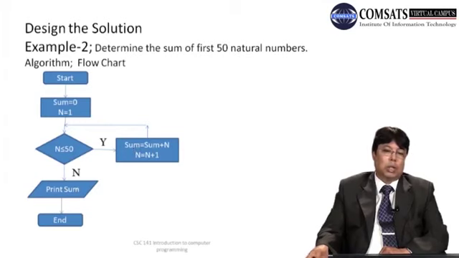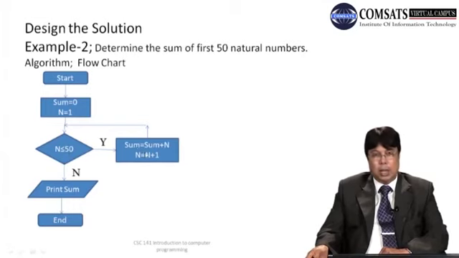Okay, so we start, initialize. If n is greater than or equal to 50, no, then increment n, loop, and then if n has crossed 50, then yes, then exit, print the sum and end.